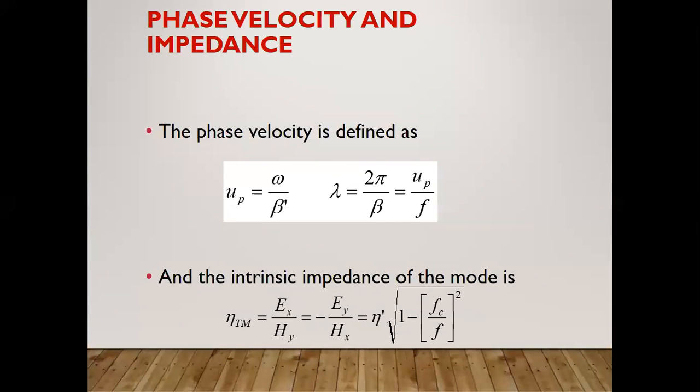Second is the intrinsic impedance, how you can calculate it for the particular mode, whether it's TE, TM, or TEM. In short, you should note down while you simplify the eta, whether it's TM, TE, or TEM, and how you are going to write the expression.